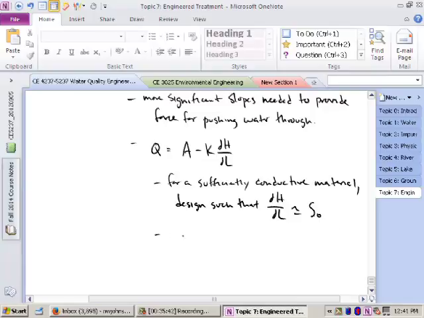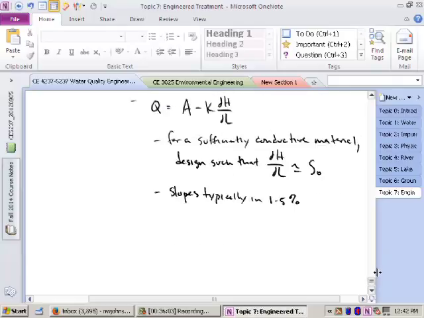So oftentimes slopes will be in the 1 to 5% range. And conductivity in excess of 10 meters per day are typically necessary.